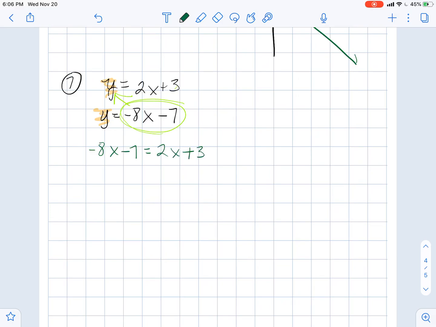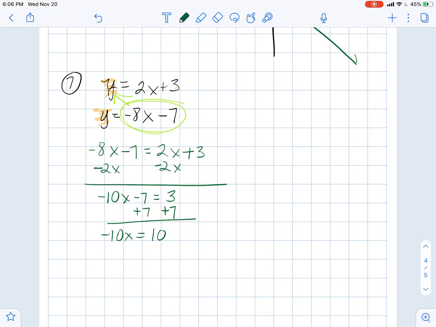And then I just need to solve, okay? So I'm going to go ahead and just move my 2 over. Then I'm going to move my 7 over. I'm going to divide both by a negative 10. And x is negative 1, okay?